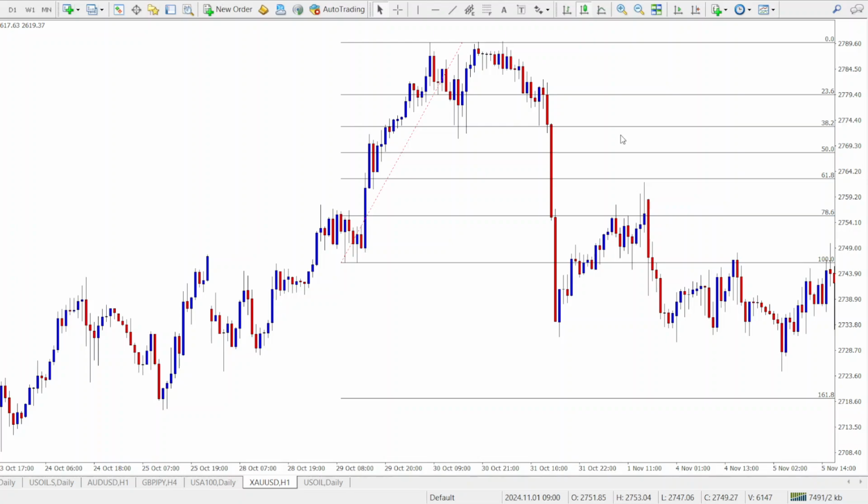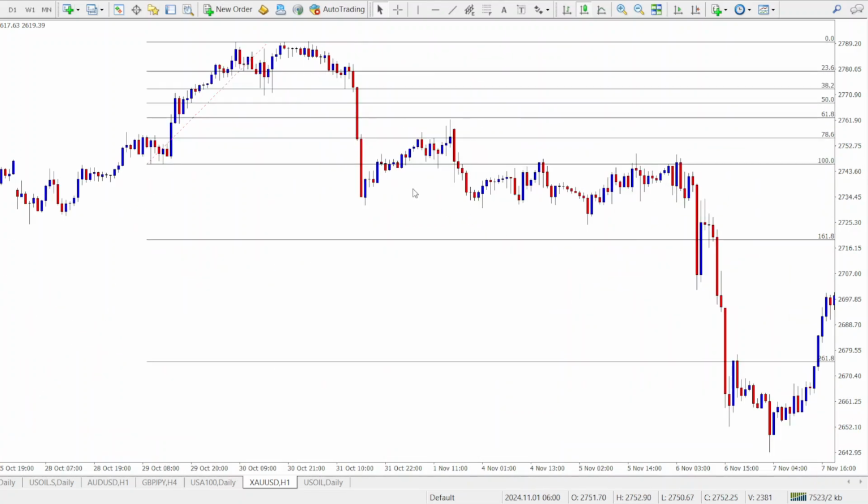Now, in this video, we are just going to be taking this tool one step further and combining it with breakout trading. This combo helps pinpoint moments when the price is likely to break through a level and continue moving in the same direction.